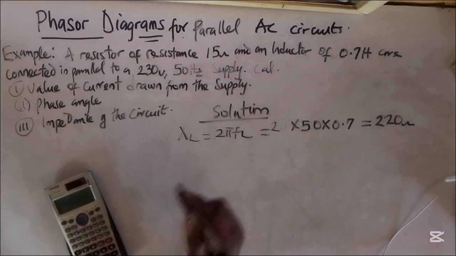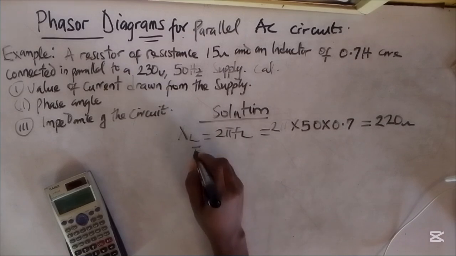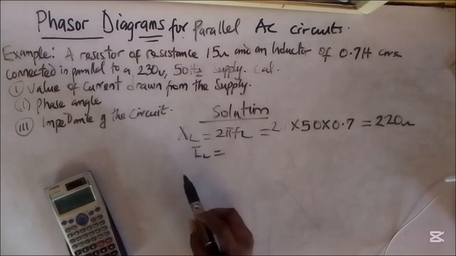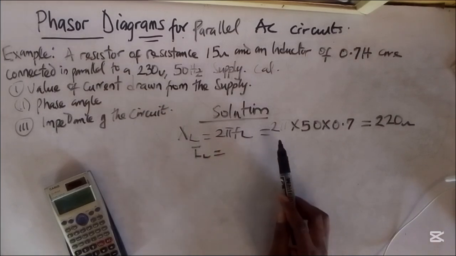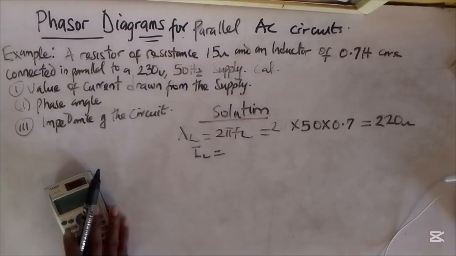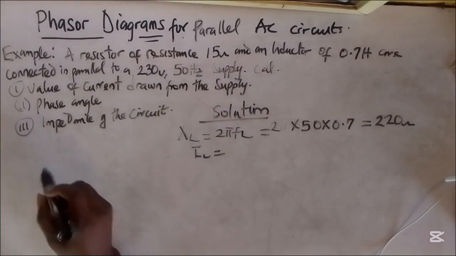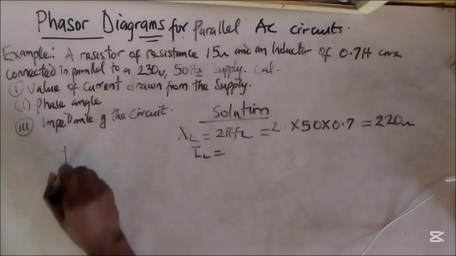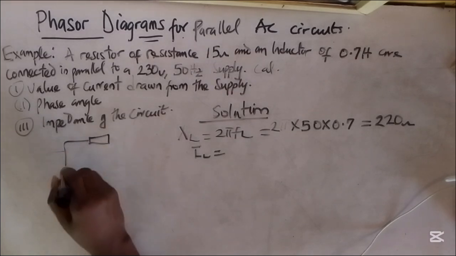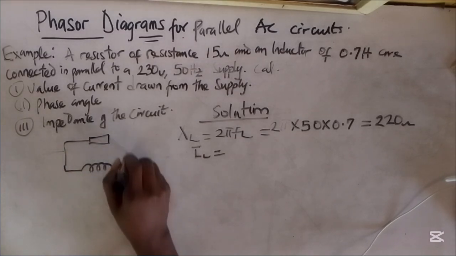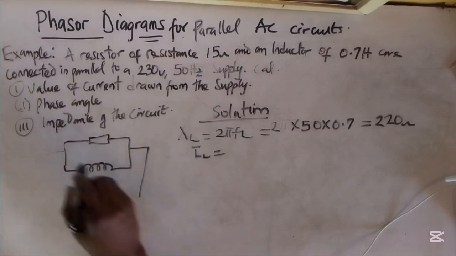So with this, we can say that our IL is the current drawn by the inductor. Sorry, I didn't get to draw the circuit diagram. Let me just draw that out. So it looks somewhat like this. We've seen that before.